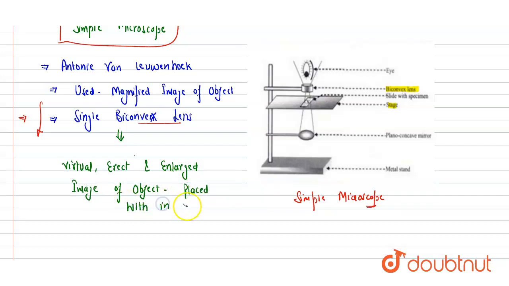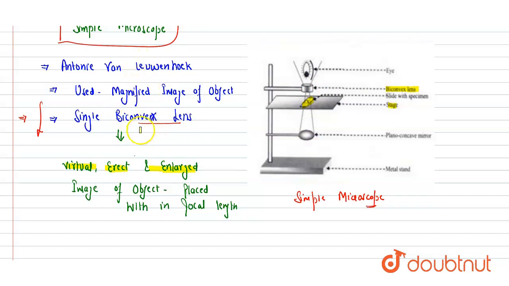Focal length means the object is placed at that particular distance, and when light comes through the mirror, the lens is able to produce a virtual, erect, and enlarged image. So this is the main purpose and the main part of the simple microscope.